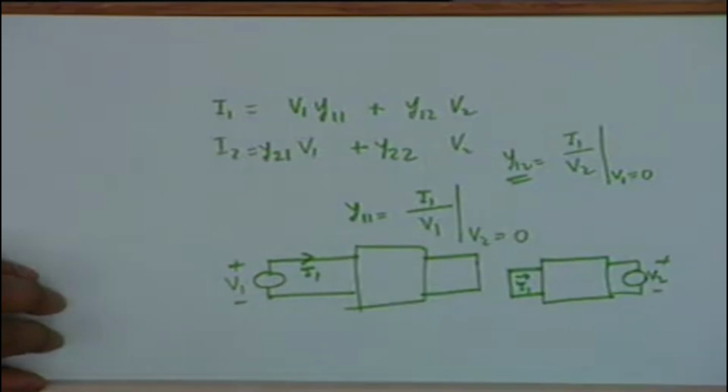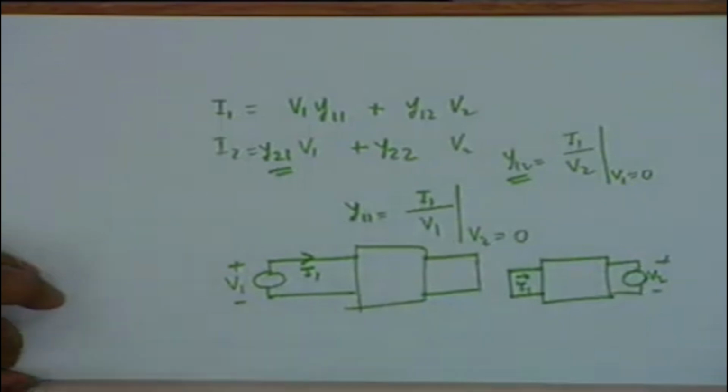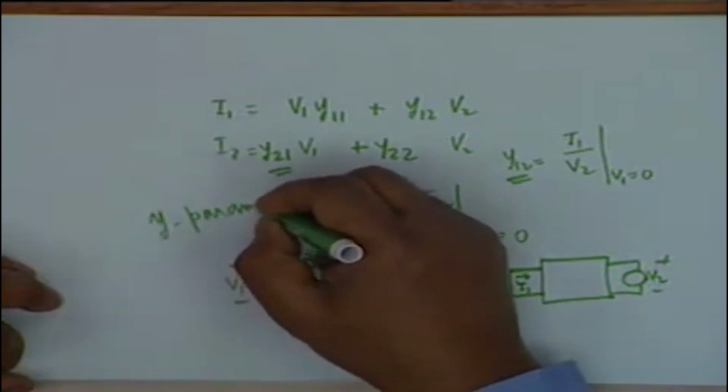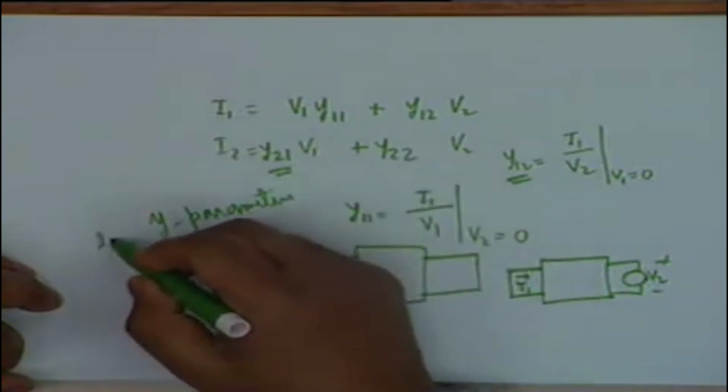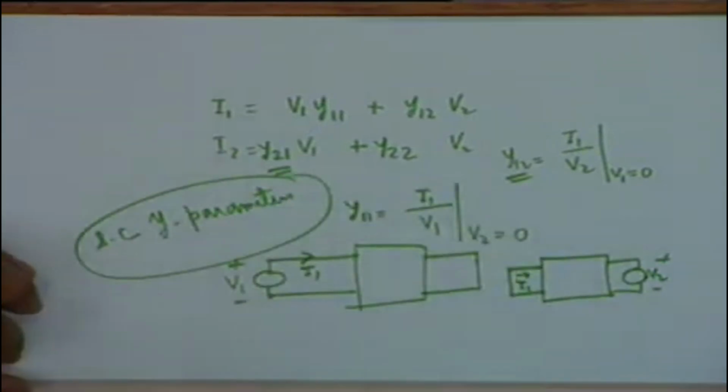Y12 is a transfer admittance. Similarly, Y21 is also a transfer admittance, and you can see that all these parameters are measured with one port short circuited, and therefore these are known as SC Y parameters, that is short circuit admittance parameters.